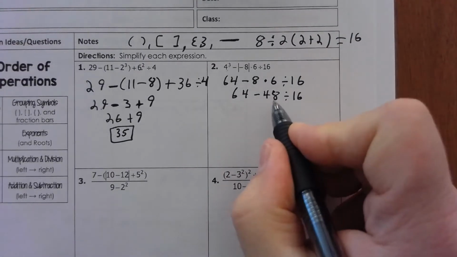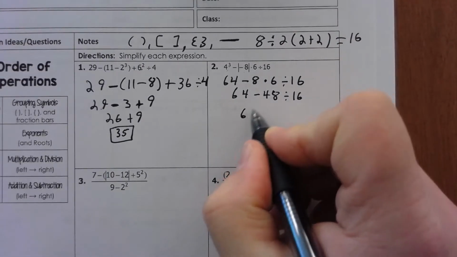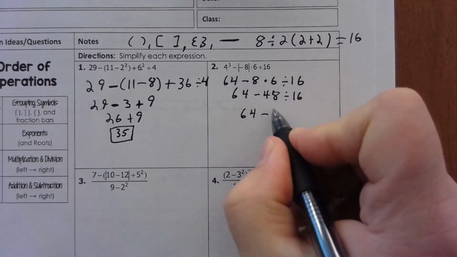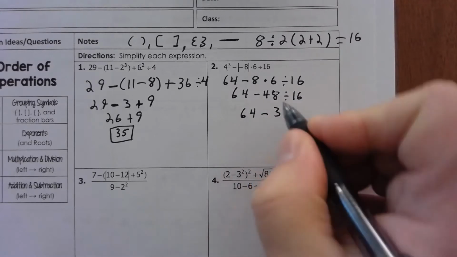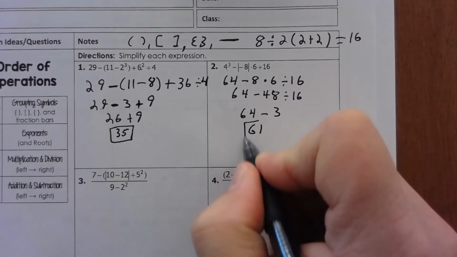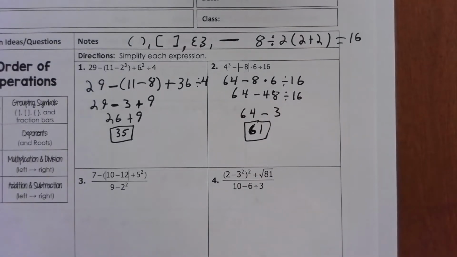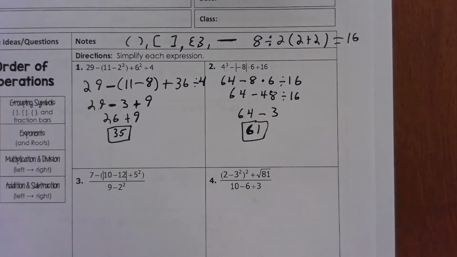All right, and now 48 divided by 16 is going to give me 3. And then 64 minus 3 gives me 61. Okay? Anybody got any questions on that?